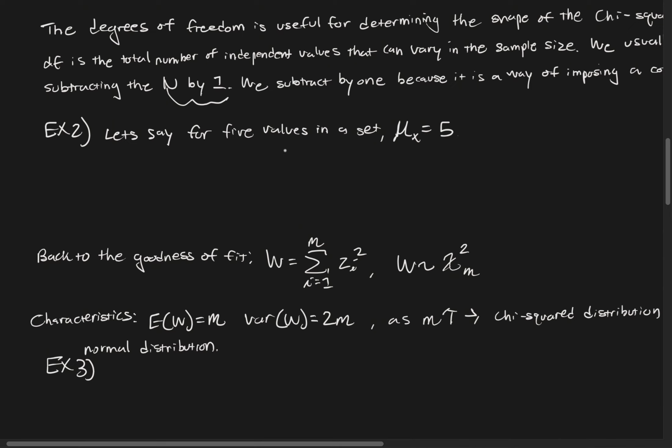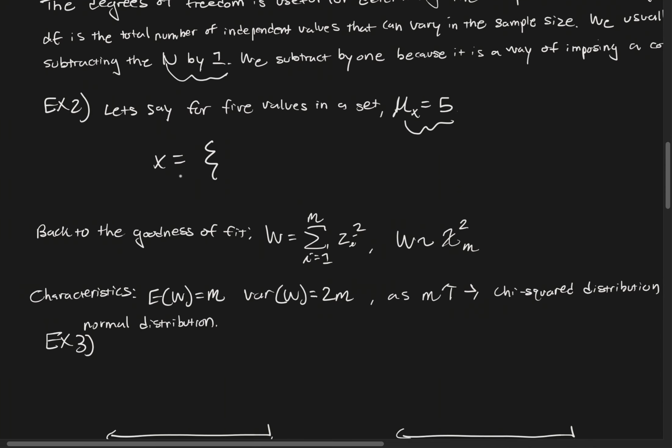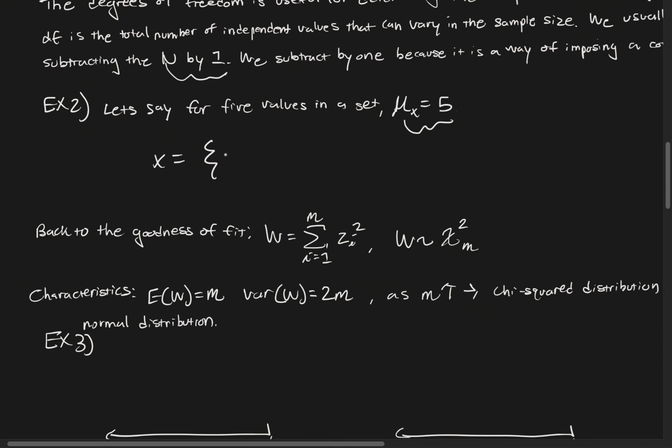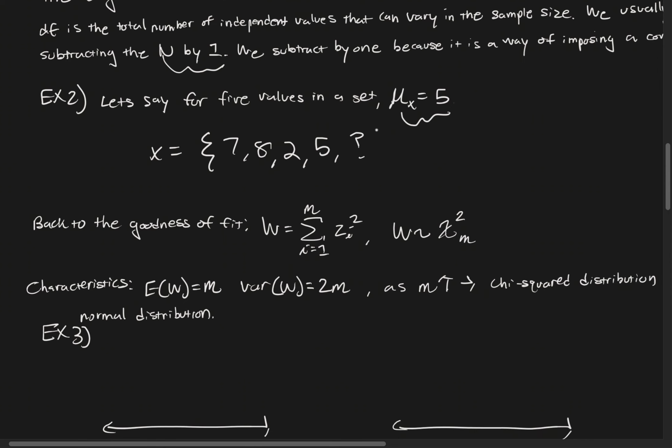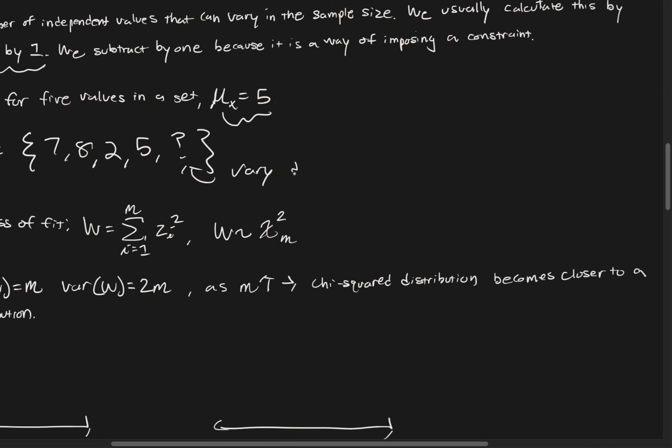Let's say we have 5 values in a set and the mean has to equal 5. Then we can say X is in a space of any 4 random values. So let's say we get 7, 8, 2, 5, and then our fifth one, I don't know what it will equal, but it can vary depending on the previous 4 values.